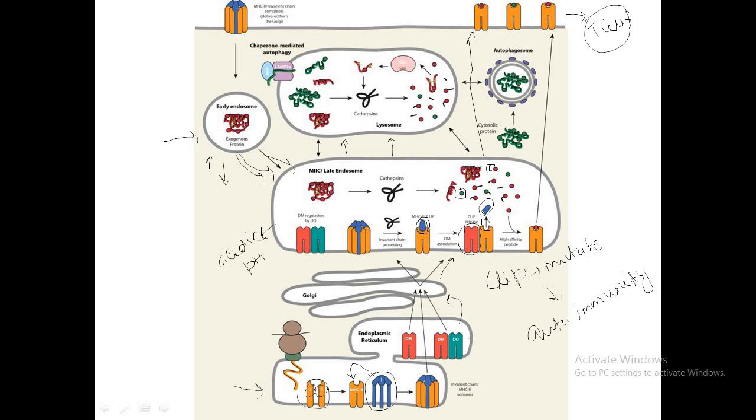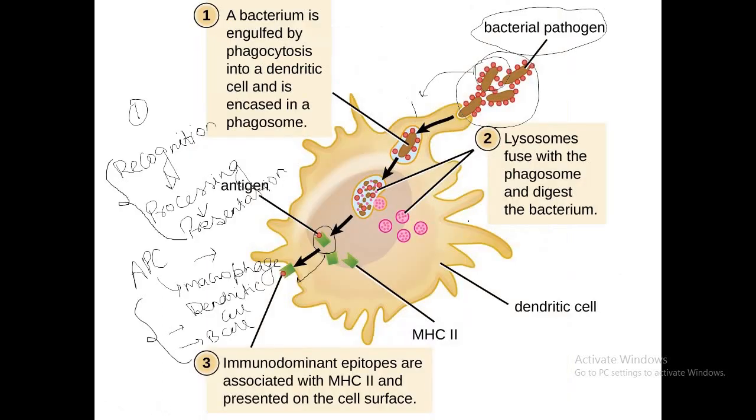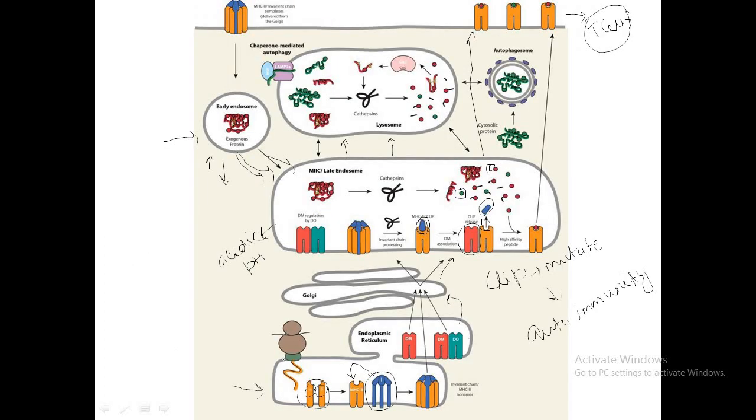As I said in the previous slide, these processed peptides are presented together with MHC2 molecules on the cell surface. So where does this MHC come from? MHC molecules are synthesized in the ER, and upon synthesis they get assembled inside the ER and stabilized via the invariant chain, which is a trimeric protein that binds to these MHC2 molecules and stabilizes them.